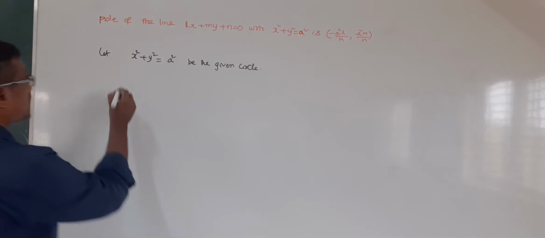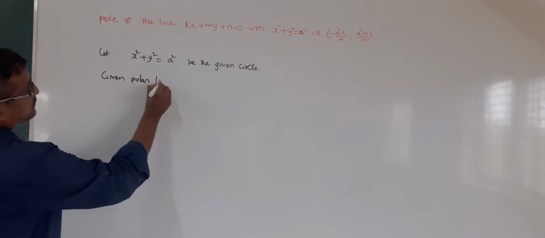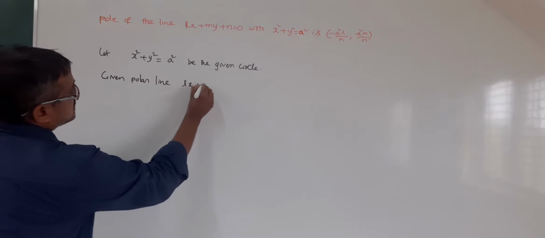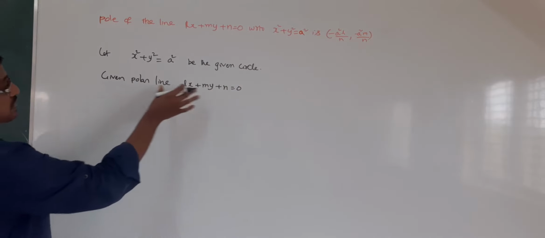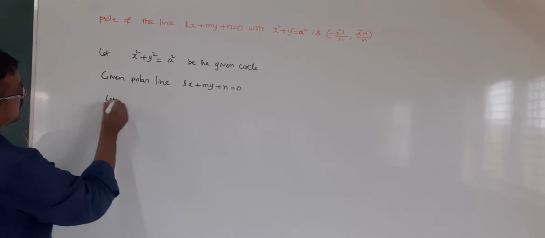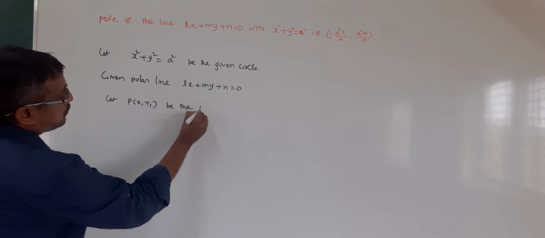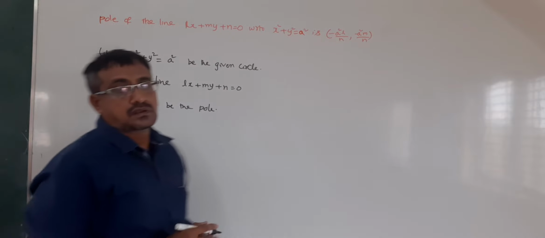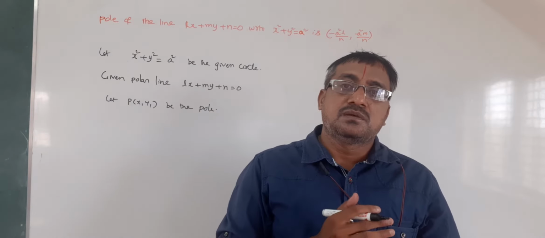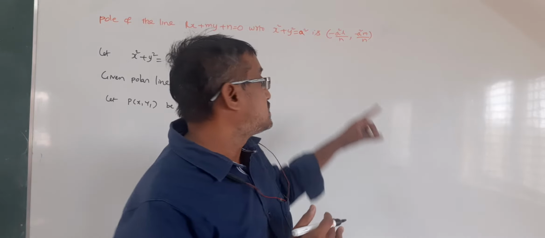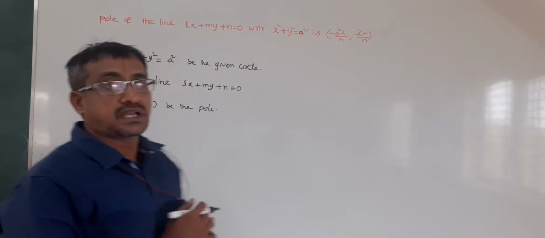So given the polar line Lx + My + n = 0, here you have the polar. So let P(x1, y1) be the pole. We suppose the point P is the pole. We have to find that P(x1, y1) is (-a²L/n, -a²M/n).